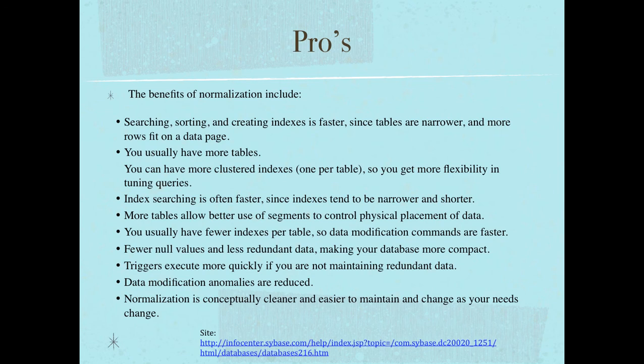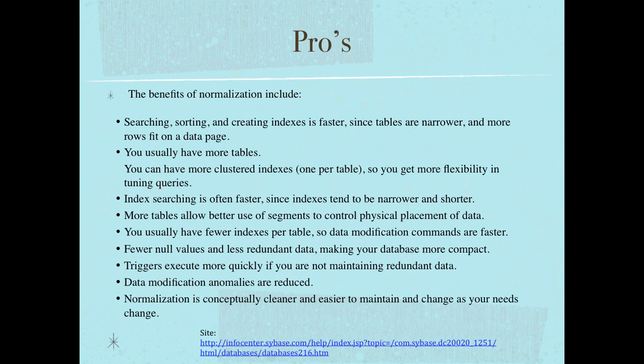Some of the pros of database normalization: searching, sorting, and creating indexes is faster since tables are narrower and more rows fit on a data page. You usually have more tables.